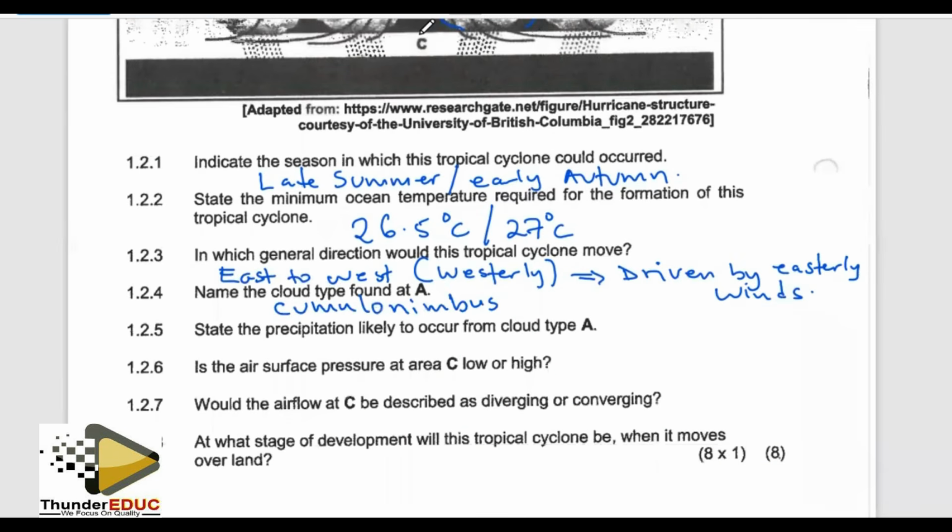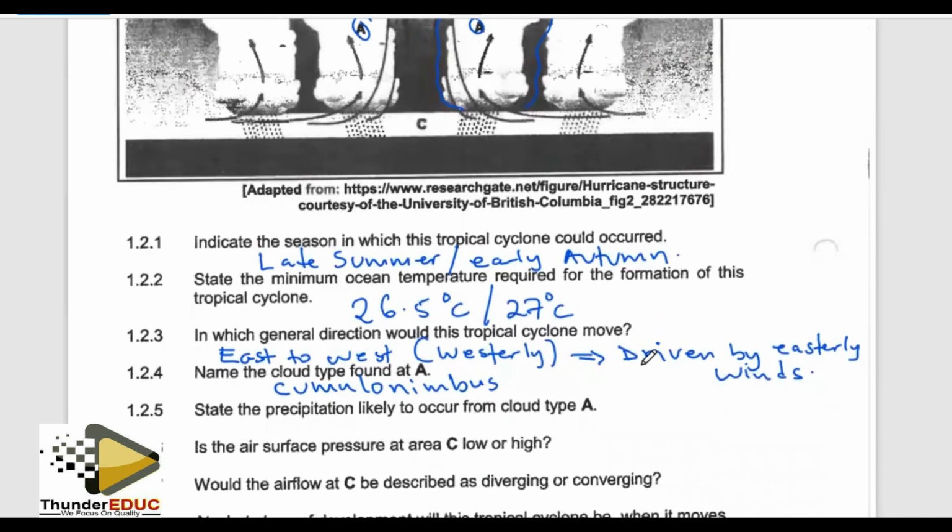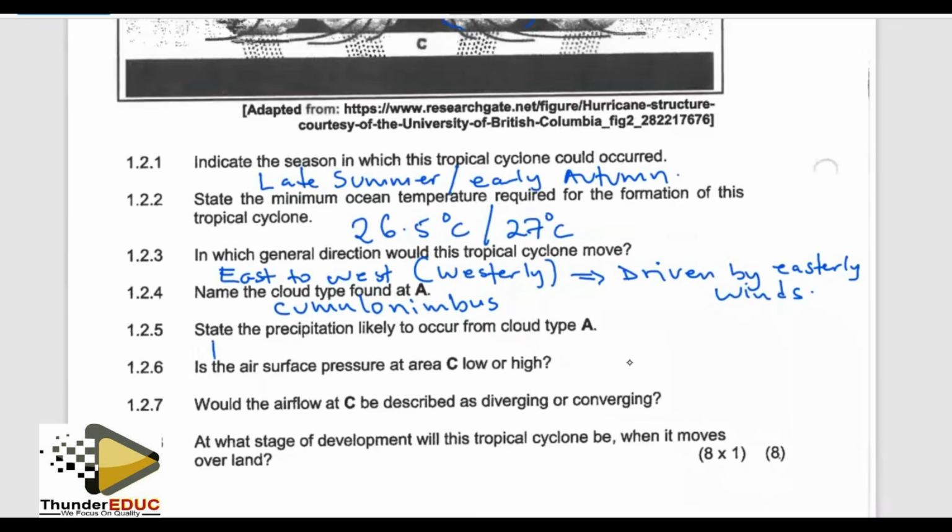Now, question 1.2.5, it says, state the precipitation likely to occur from cloud type A. Now, we know that the cumulonimbus clouds are associated with heavy rainfalls. I would say heavy rainfalls, we could say torrential rainfalls, we could say thunderstorm showers.